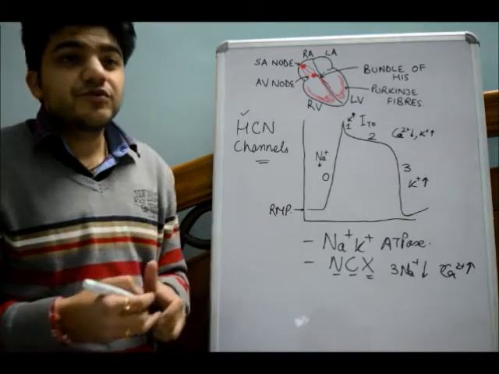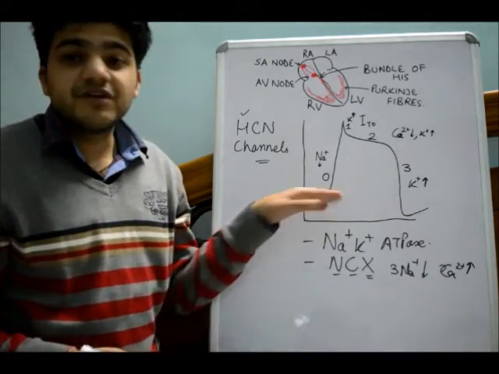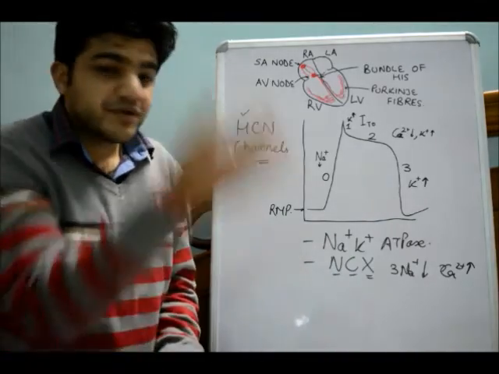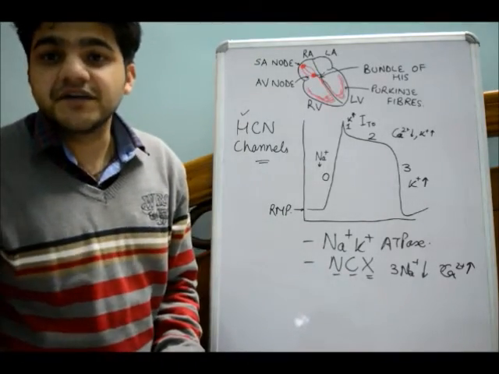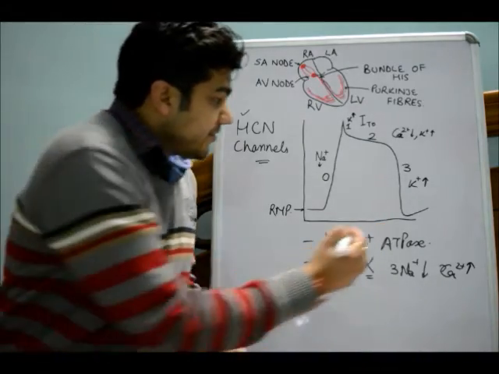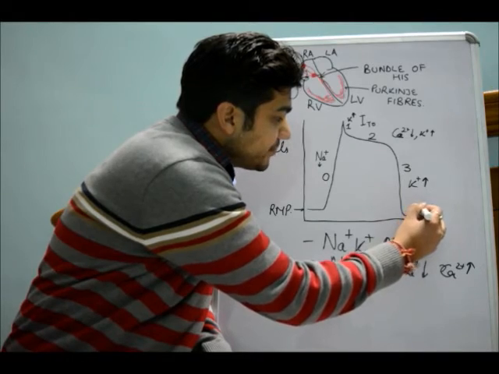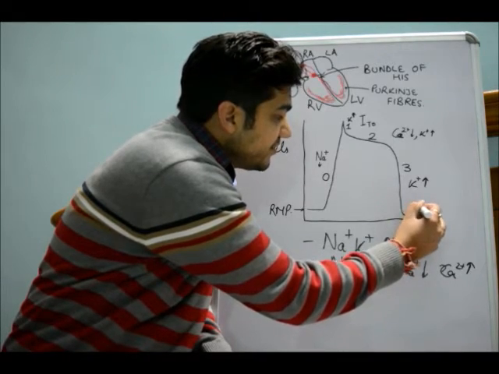So these channels also help in elevating the resting membrane potential up to the level of threshold. So the cell can fire again and again. And this rate of firing depends on the steepness of this slope. So how steep will this slope be?